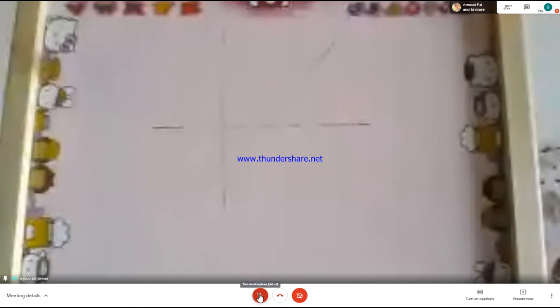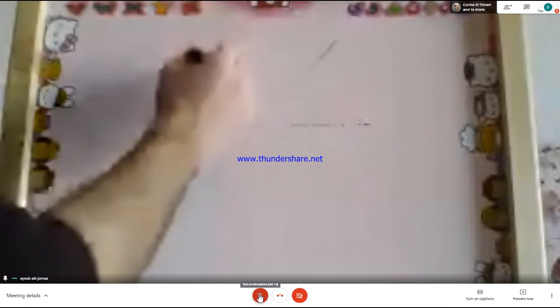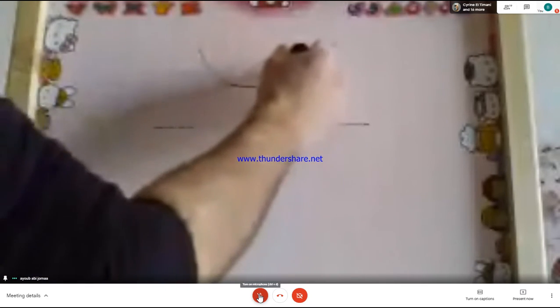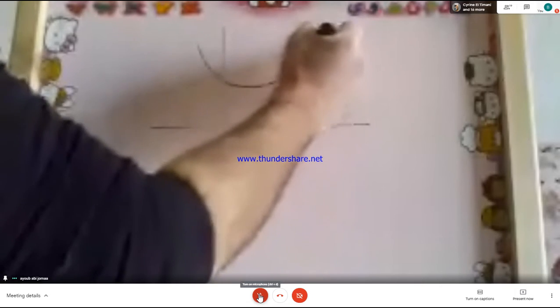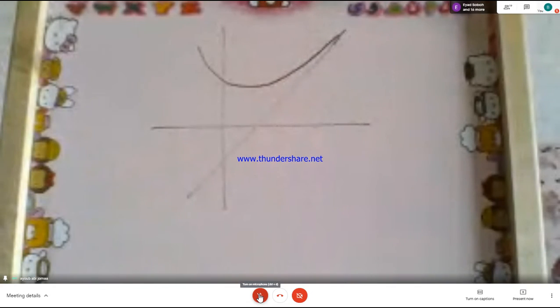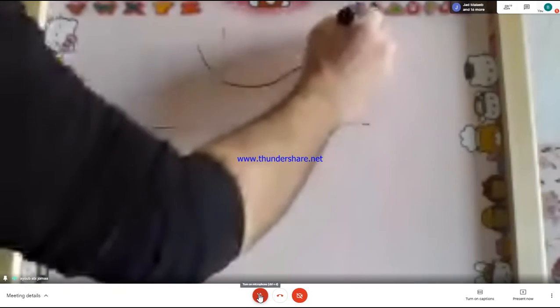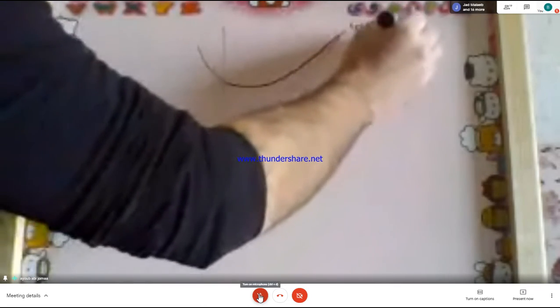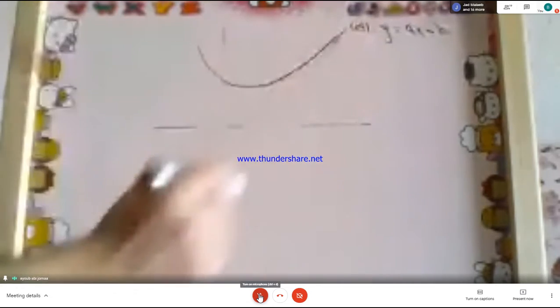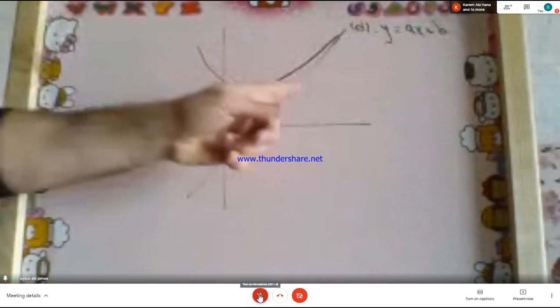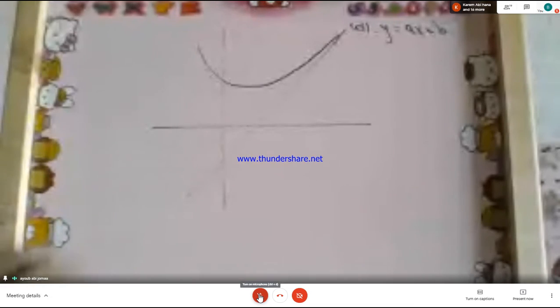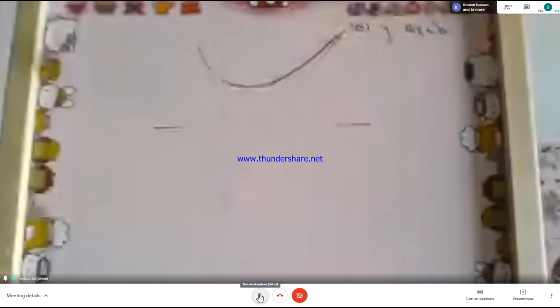When I say asymptote, it means the graph is very close to the line. Here is the graph, and here is the line. Let's say the line D has equation y equals ax plus b. Of course, the equation of the line should satisfy y equals ax plus b.